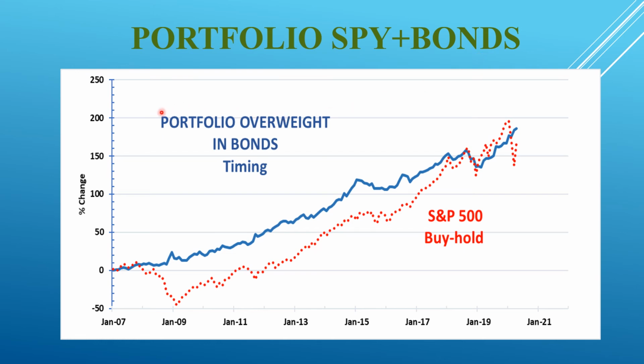So what I have is a portfolio doing particularly well during the strong phase of the business cycle. I overweight the portfolio in bonds, and I use the timing rule of the 200-day moving average. Again, this portfolio has a superb performance.